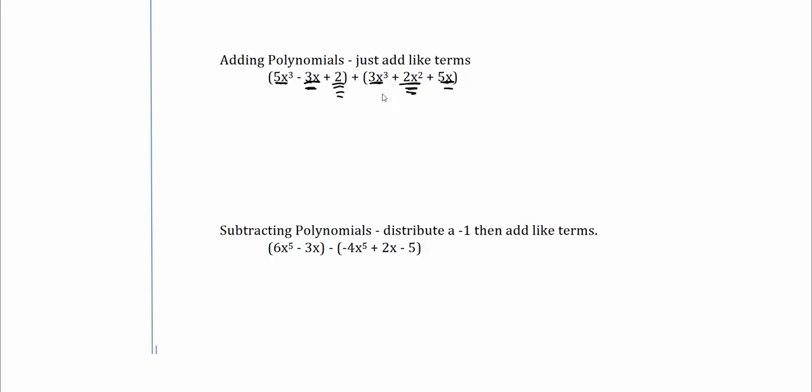You notice how I put the same ones with 1 bar and then 2 bars with the same, and then 3 and 4 are different, so they get different ones. Because I'm adding, 5 plus 3 is 8x to the third. Remember, when you add monomials, you just add the coefficient and then keep the exponent the same.